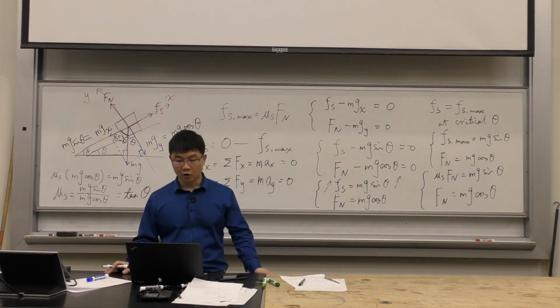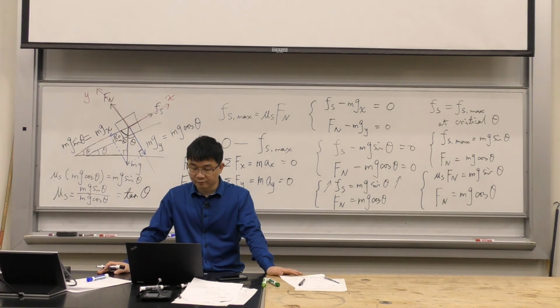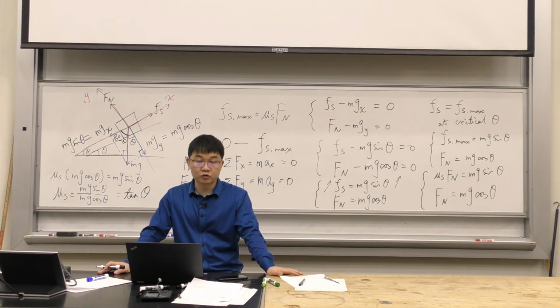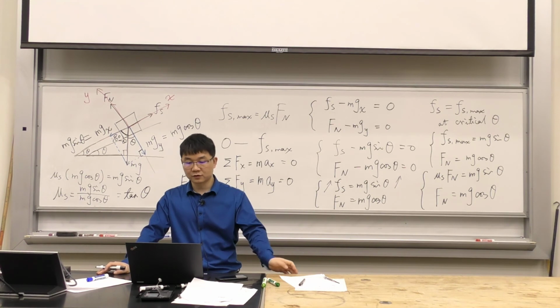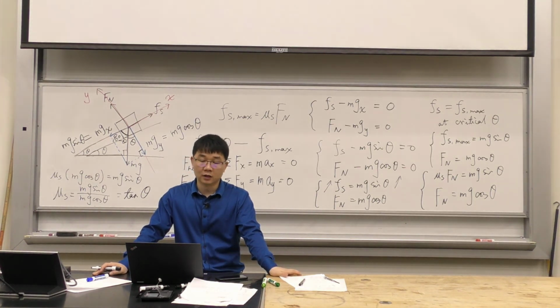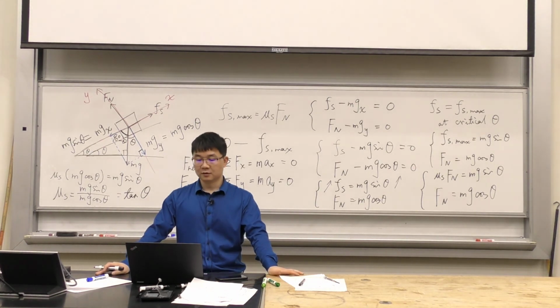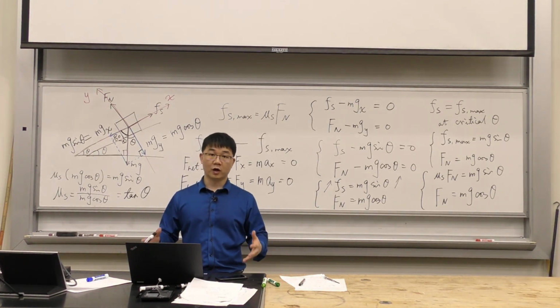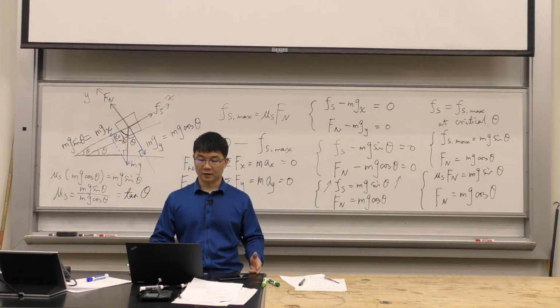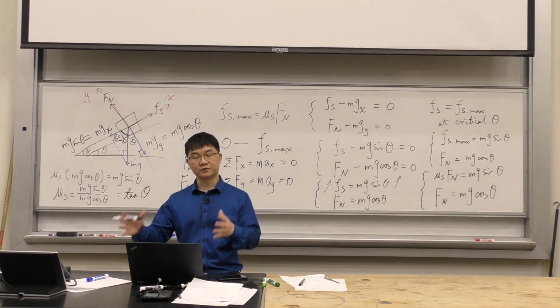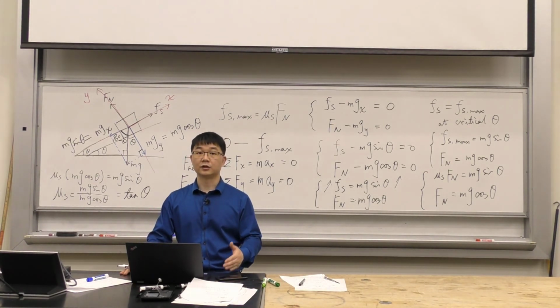Okay, so that's how we use a real experiment to determine the mu s, the coefficient of static friction between two surfaces. Of course this is very primitive, right? This is not going to give you a very accurate value, but the idea is that I want to show you how we can find this mu s in a real experiment.